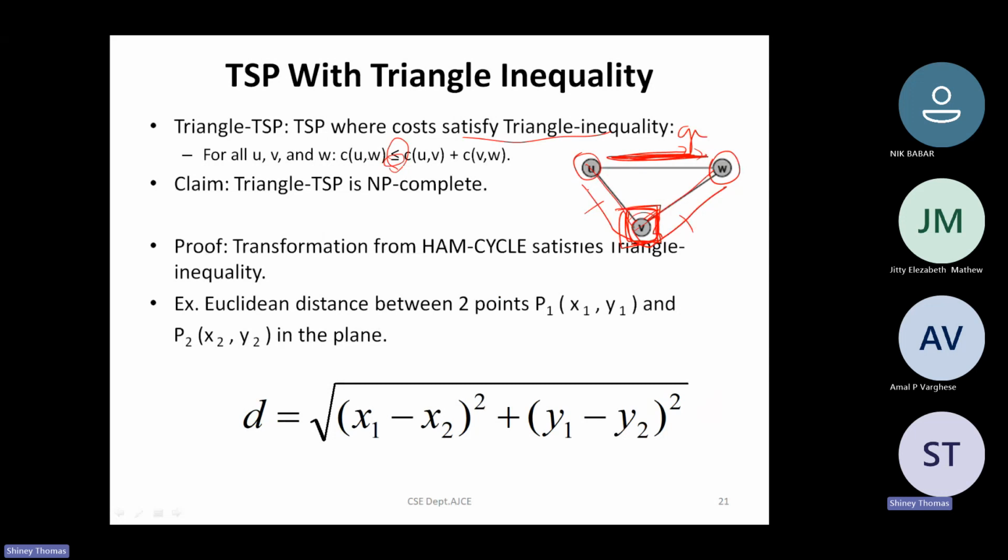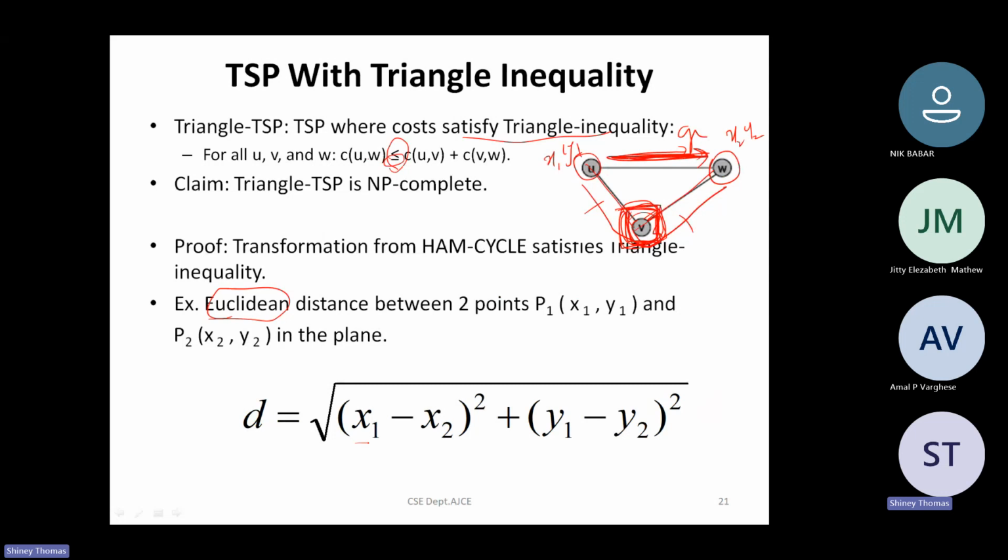Normally in a Hamiltonian cycle, you will be visiting the edges maybe once more. When we see it a second time, there's no need for going like that. We can go directly like this. So that is what we're trying to prove. Usually the distance between these two points is computed with the Euclidean distance equation. You know what is meant by Euclidean distance between two points. If this is a point x1, y1, and this is a point x2, y2, how do you find the Euclidean distance?